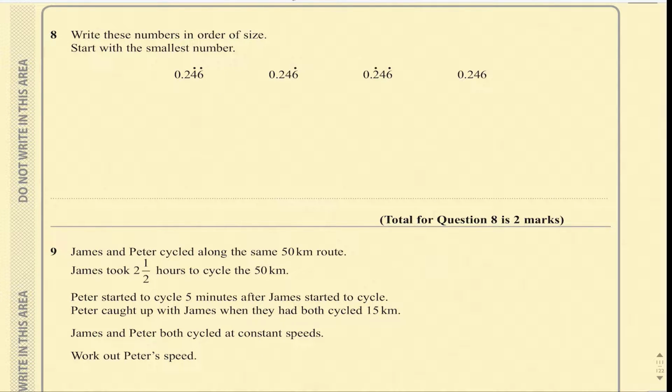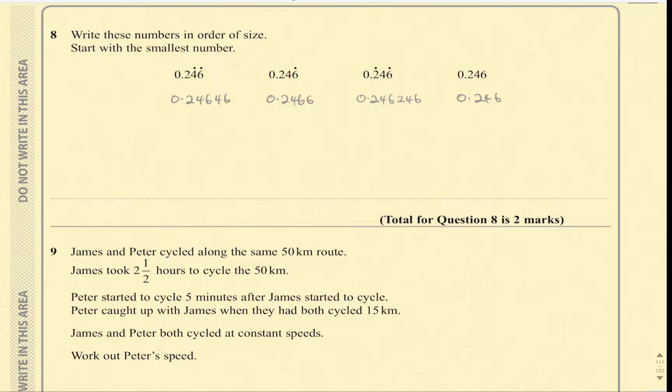Right, so the smallest number will be 0.246, and the next number along will be 0.246 recurring 246, followed by this one here, which is 0.246 recurring 46, and finally 0.246 recurring 6.